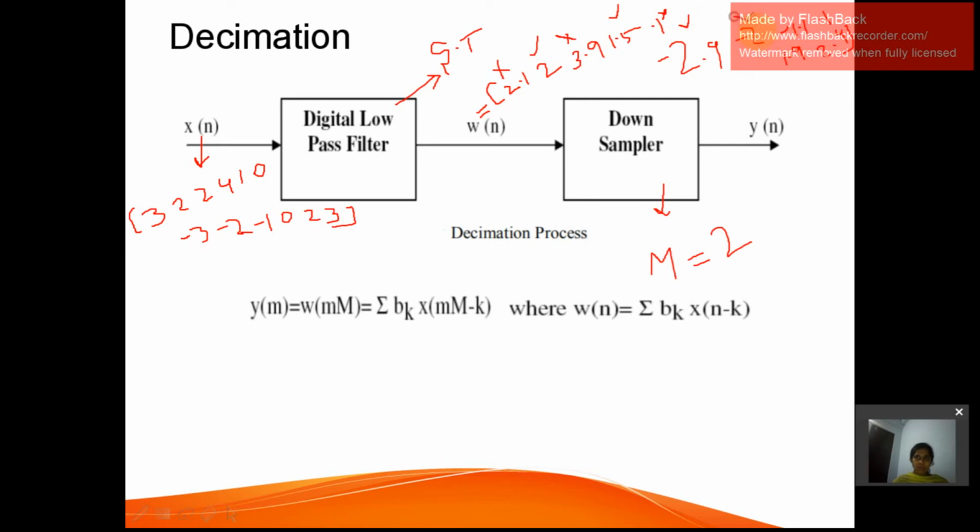Alternate values will be taken. This will be sent and this will be removed. This is the final sequence you get at the output if you choose the factor M equal to 2.